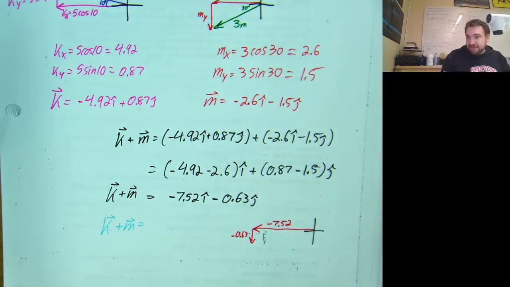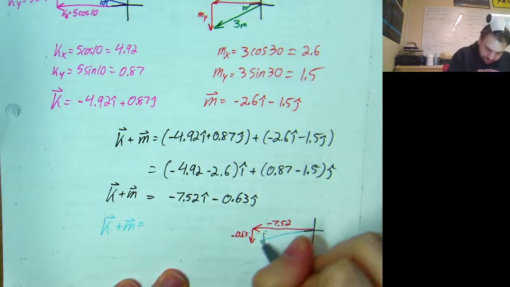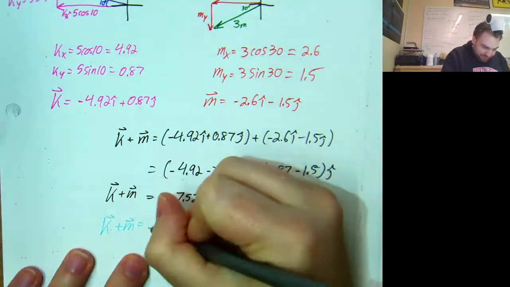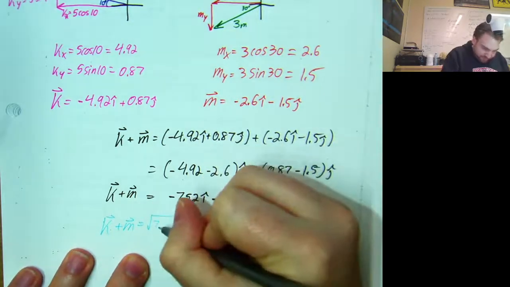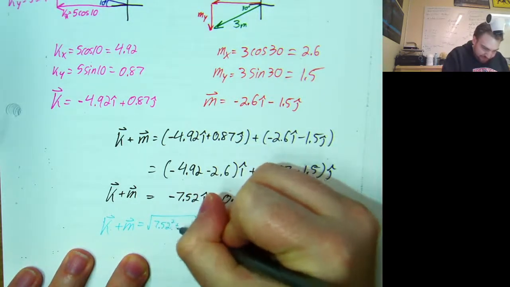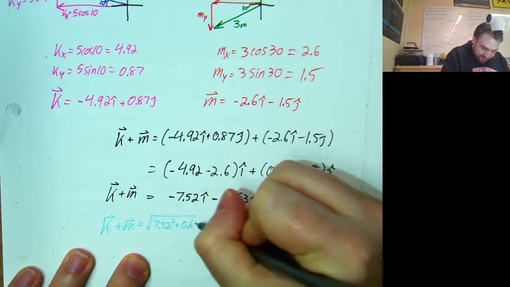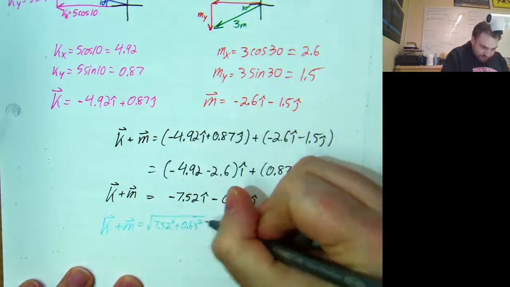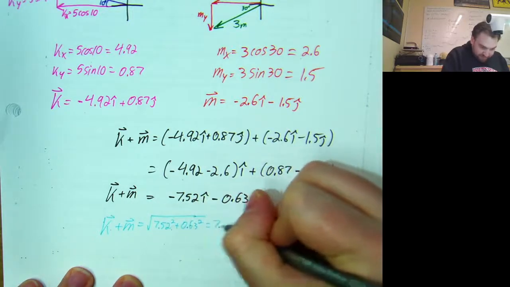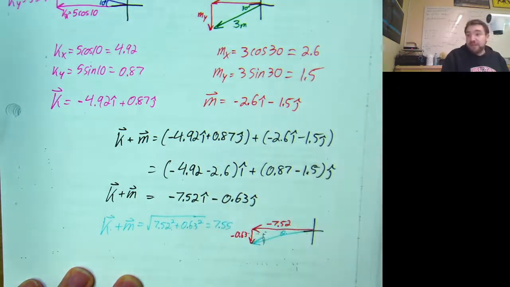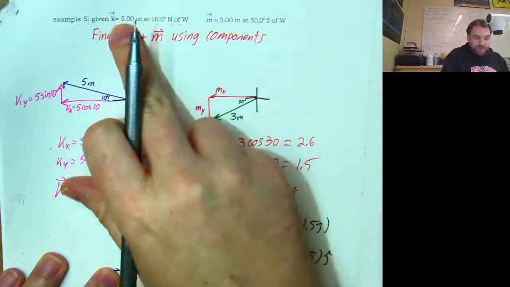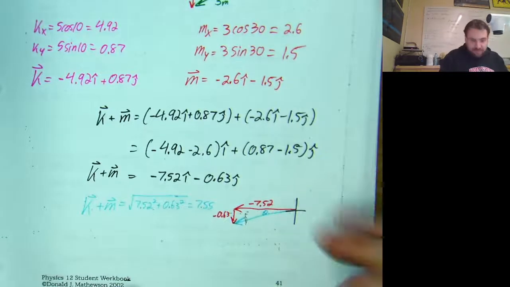So K plus M is going to be this blue guy here. And that's the angle we're going to want there. So K plus M is going to be the square root of 7.52 squared plus 0.63 squared, which is 7.55. We need units on that thing. K and M are both in meters. So K plus M is going to be in meters.